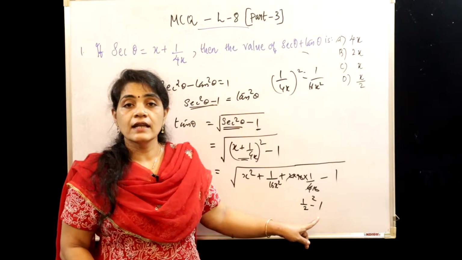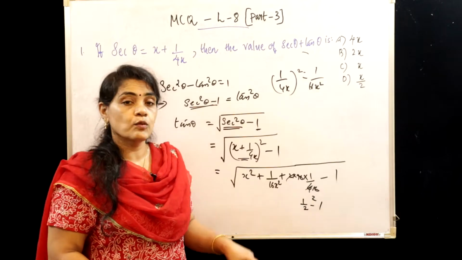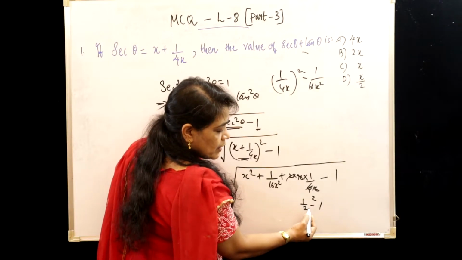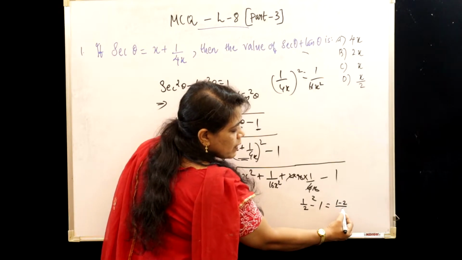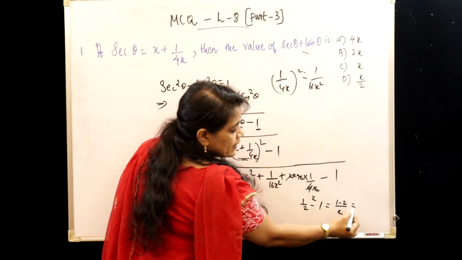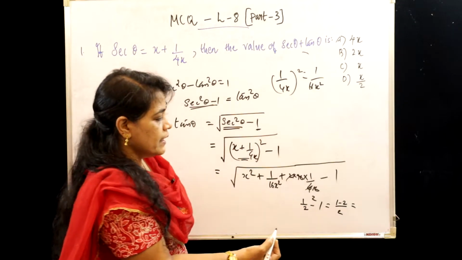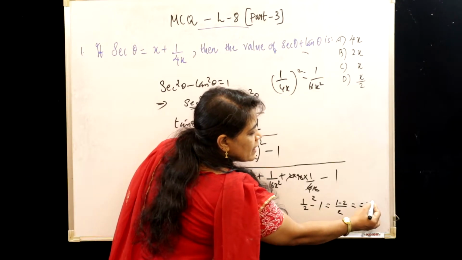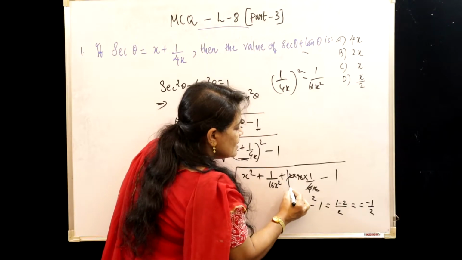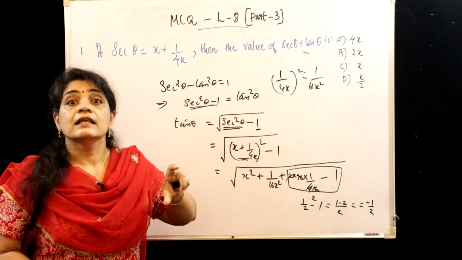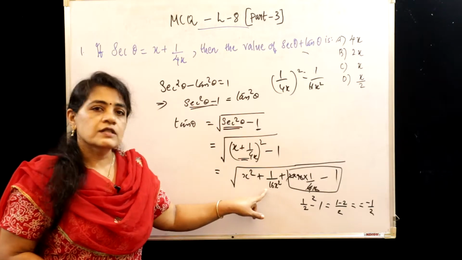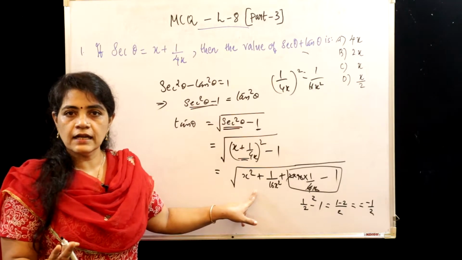That is 1 minus 2 by 2, by taking the LCM or cross multiplication, so this will be minus 1 by 2. So this term is now reduced to minus 1 by 2, and there is no change in the first and second terms. Hope the idea is clear, children?